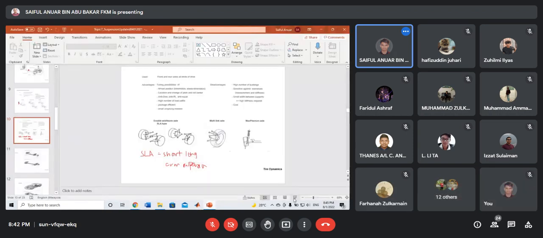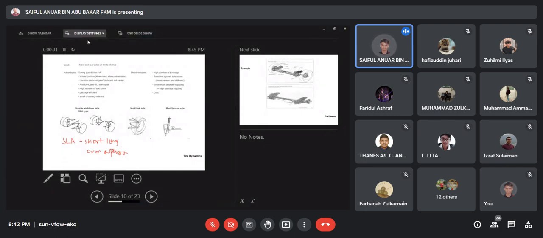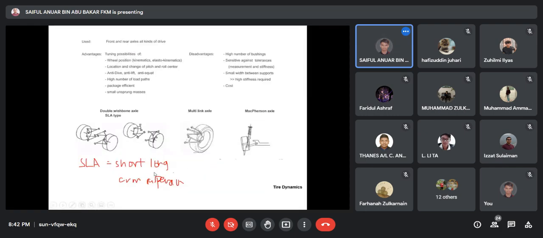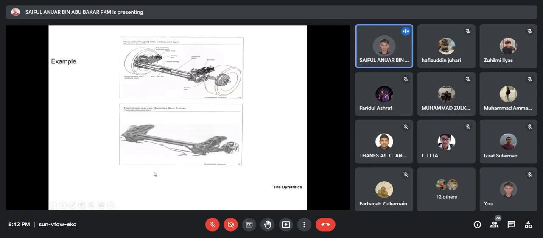Okay, this is actually an example of the rear axle, the trailing arm. This one is referring to semi-rigid. So this is just an example.